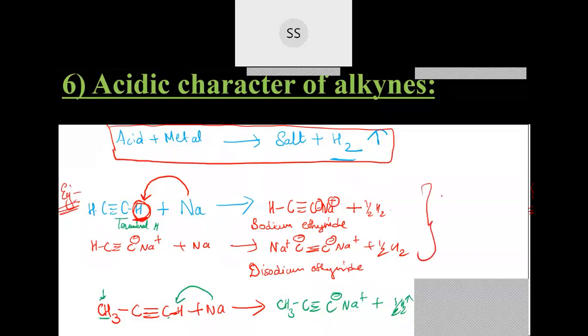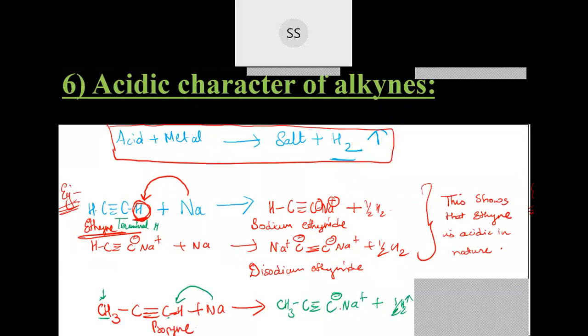And here itself you write down that this shows that ethyne is acidic in nature. Similarly, propyne also. Propyne, when reacted with sodium, gives sodium propanide.